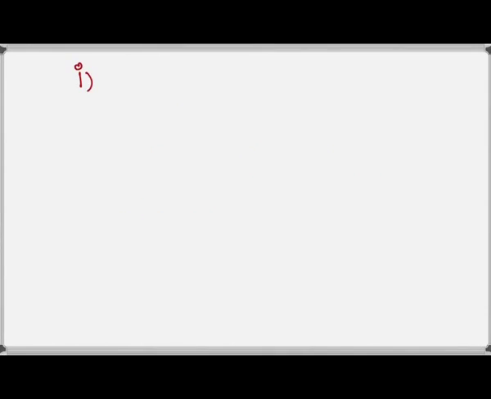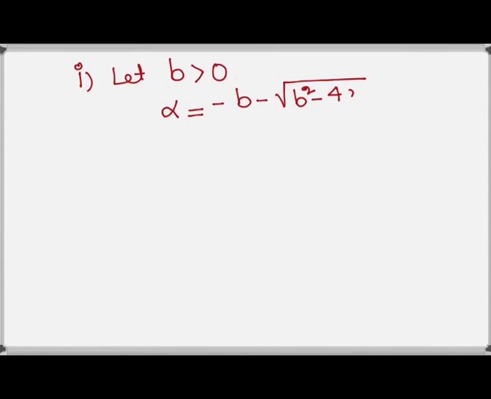Let b be strictly bigger than 0. So here one of the solutions, which we called alpha, minus b minus square root of b square minus 4ac divided by 2a, is always strictly less than 0. That is, alpha is always negative.